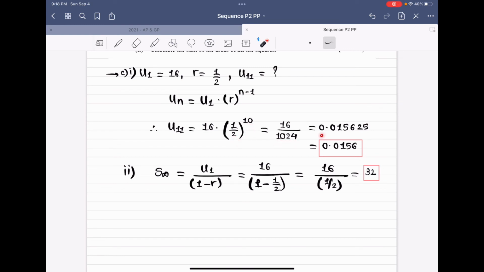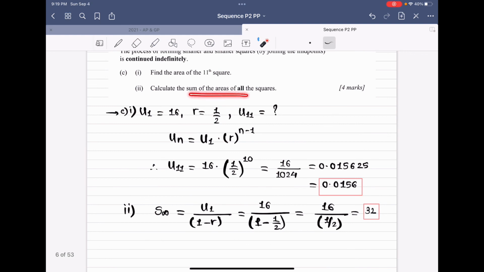Type this on a calculator. 16 over 1024, you will get 0.015625. If I round off to 3 significant figures, the leading zeros are not significant figures. Your first significant figure is 1, then 5, then 6. After that the number is 2, which is less than 5, so your answer is 0.0 as it is, and 156. That is your final answer.